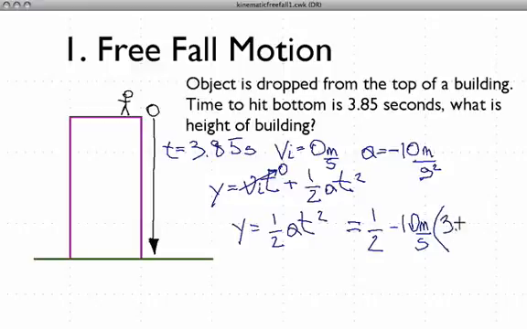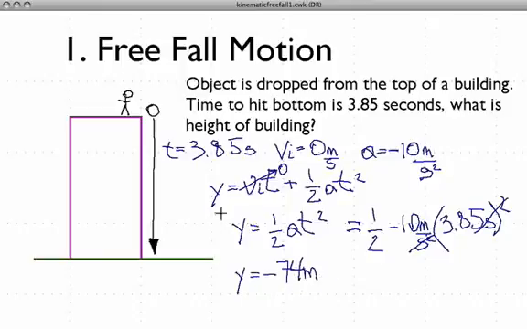So I'm going to put 3.85 seconds squared, and if we solve all of that for y, you can see that this seconds squared down here and this seconds squared are going to cancel, and we're left with y, that is the distance, being a negative number here, so we have a negative 74 meters.